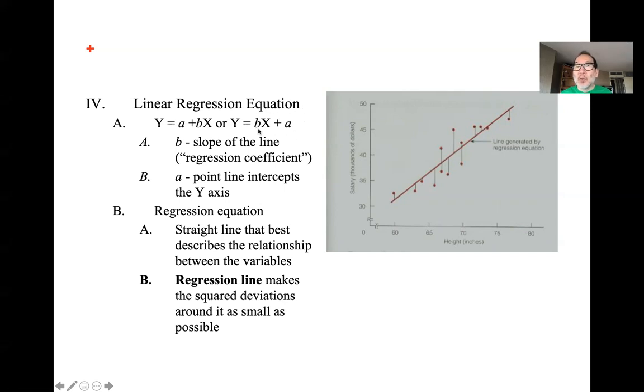And in particular, you would need b and a. You would need to know the slope, or the angle of the line, plus a, where this line intersects with y. It's called the y-intercept, or where the line intersects the y-axis. So you get that value plus the slope.